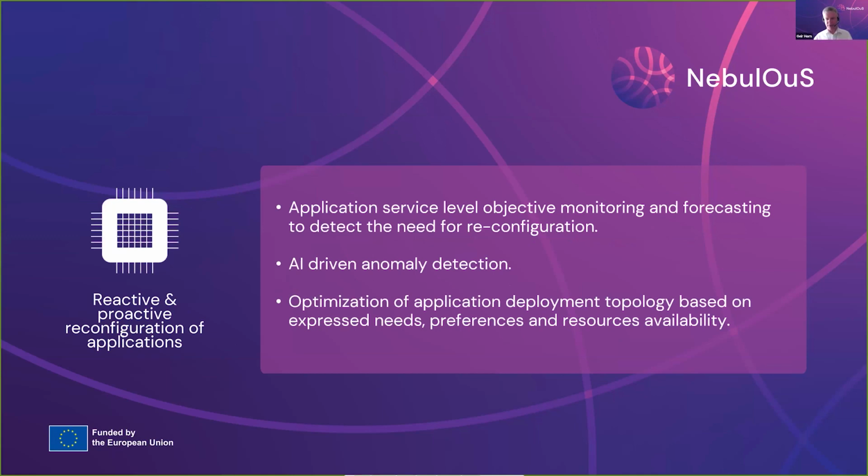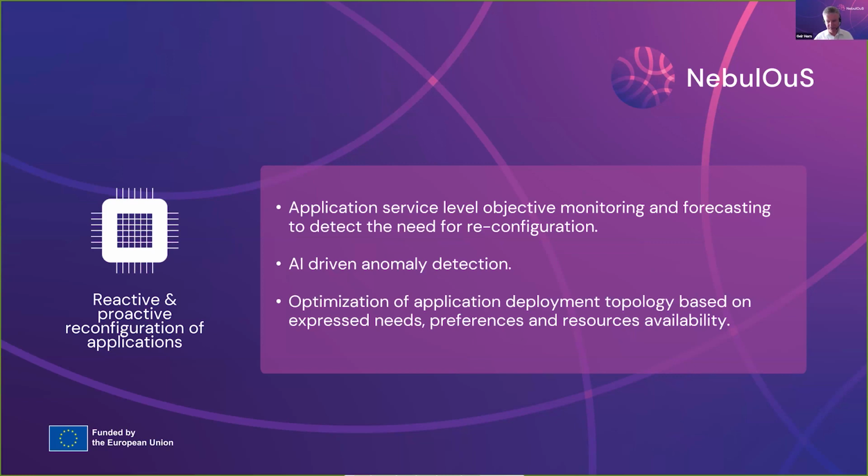The optimization part is per application, so each application will monitor its own resource use, and we will have the possibility to forecast and detect when the application needs a reconfiguration. The hope is that we can do this with a long enough horizon so that the reconfiguration is in place by the time the application needs it.